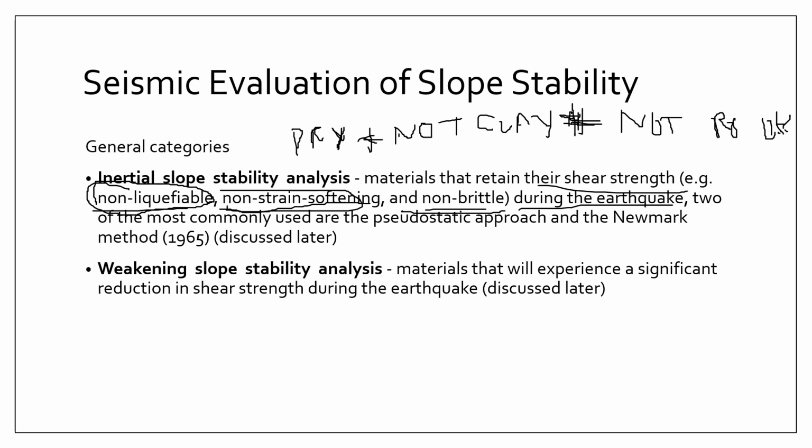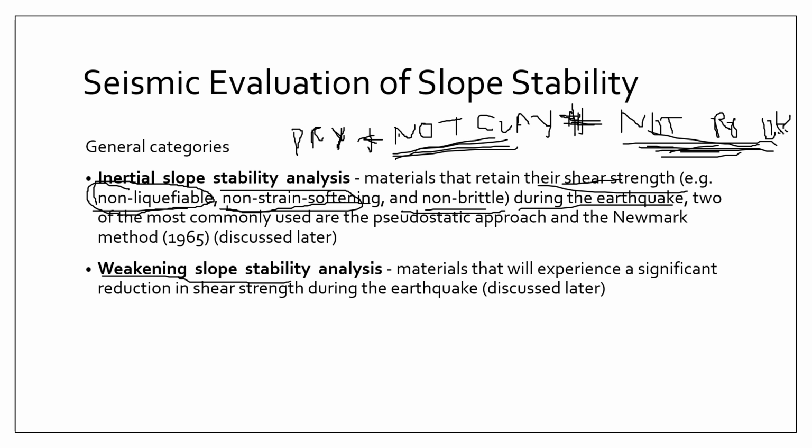So materials that can retain their shear strength during an earthquake should be dry, should not be clay, and should not be a rock. Typically these can include dry sands, dry sands to silts, gravels, and mostly those types of soils.